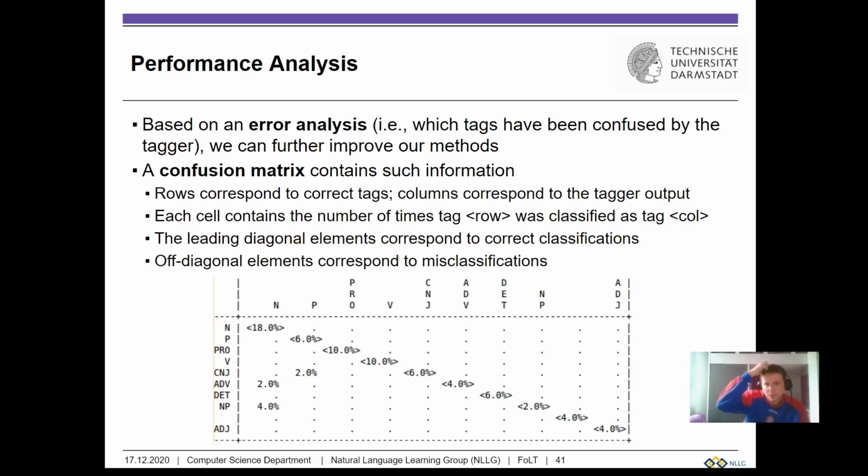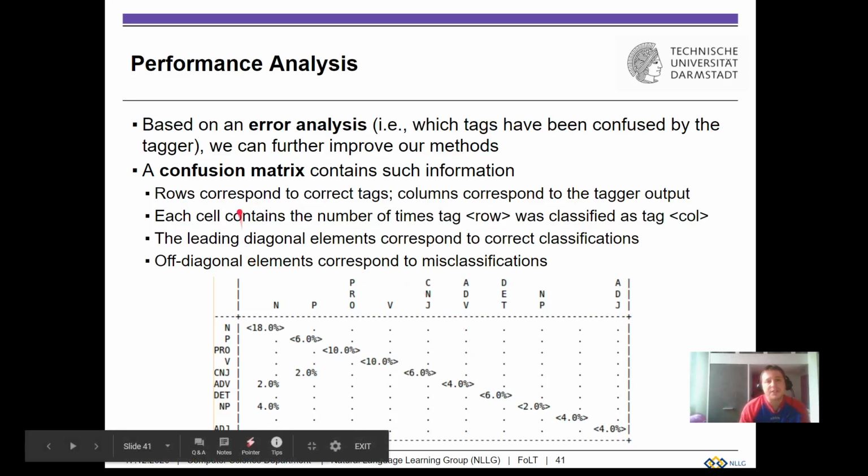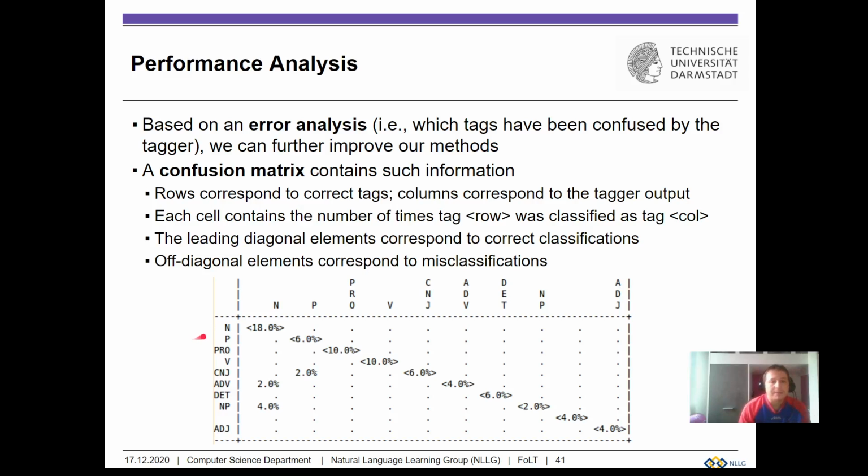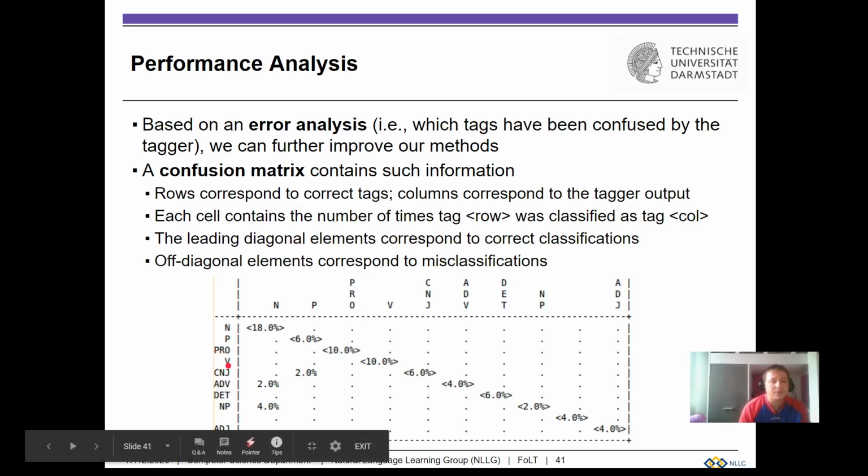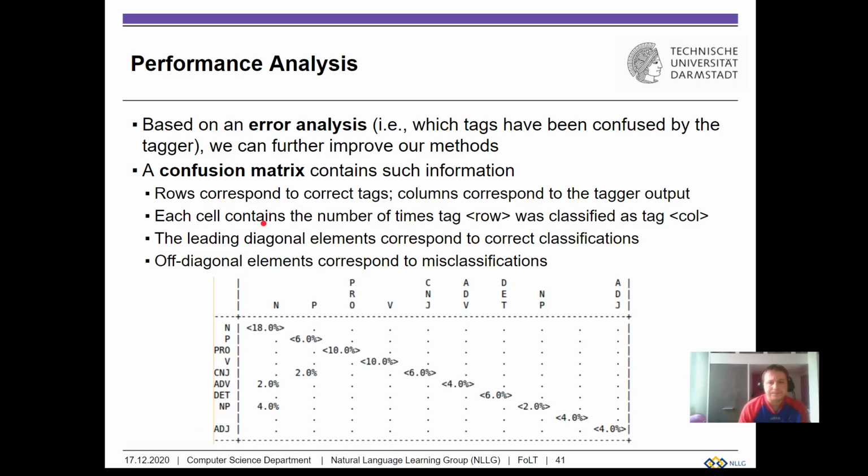And the rows or the columns, that depends on the definitions. Let's say the rows correspond to the correct tag, so this is the tag that should have occurred, let's say a noun or a pronoun or a verb or something, and the column corresponds to what your tagger is doing.